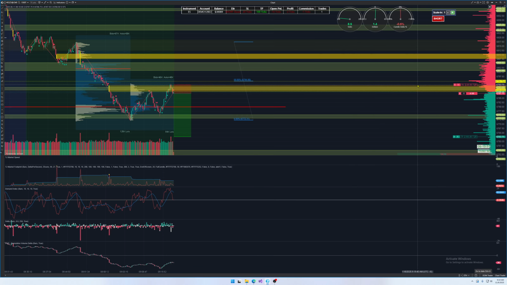Yeah, that was not good. Yep, that was not good. But I think the short here is still in if we go to the 50% retracement here.